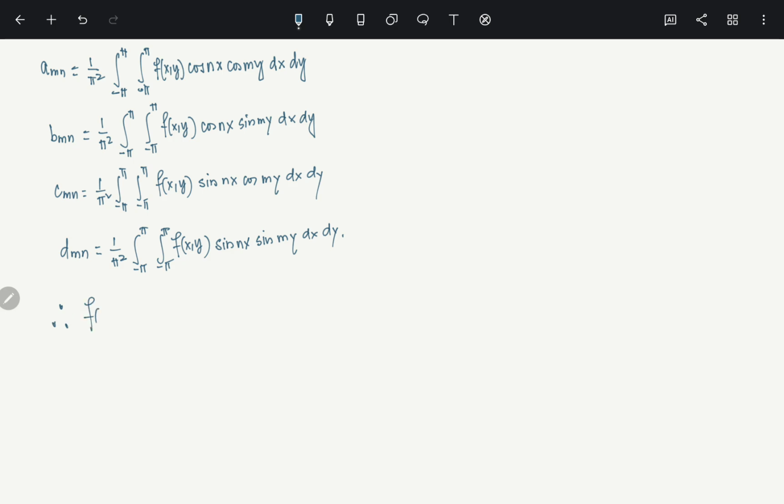Therefore, f of xy can be written as A00, with m equals 0, n equals 0, plus summation m equals 1 to infinity, A0m cosine my plus B0m sine my, plus again summation n equals 1 to infinity, An0 cosine nx plus Cn0 sine nx.